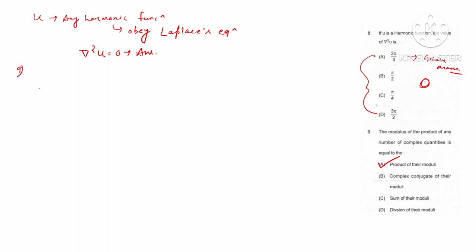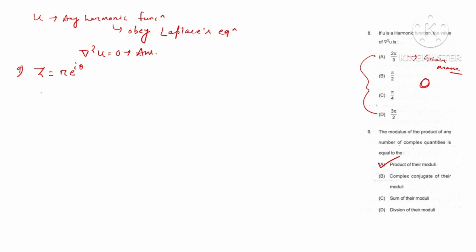This is question 9. If we take the polar form of this complex number, then we write it as r e to the power i theta, right? So the magnitude, or we can say the radius, is r and theta is the angle.